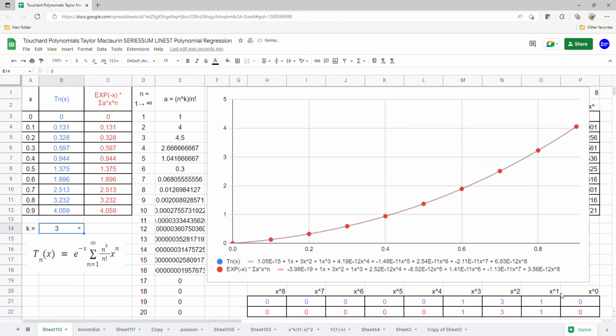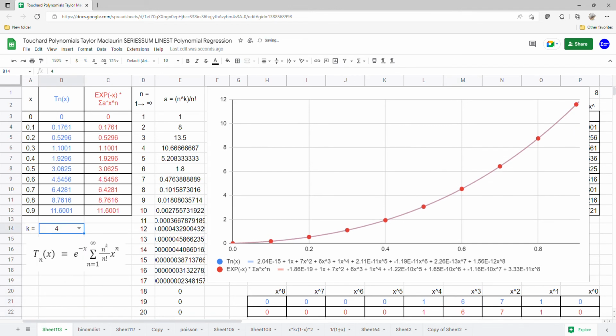We have x plus 3x squared plus x cubed. Same thing with 4. That's x plus 7x squared plus 6x cubed plus 1x to the 4th. The rest are 0.